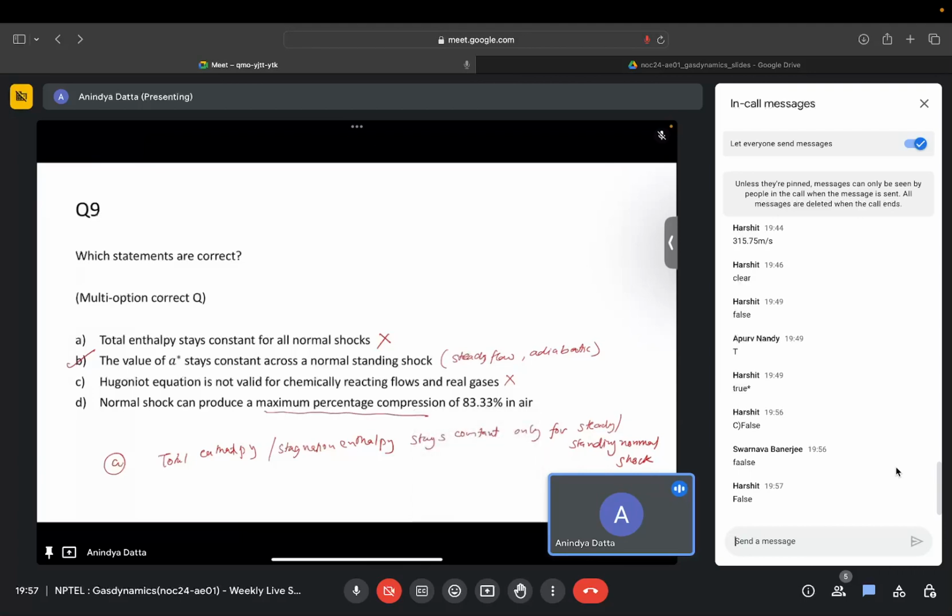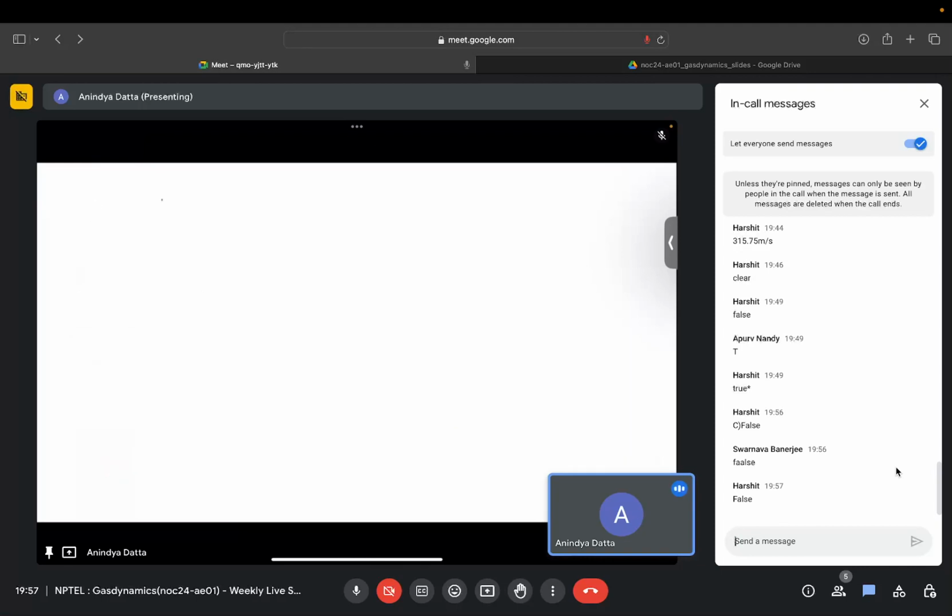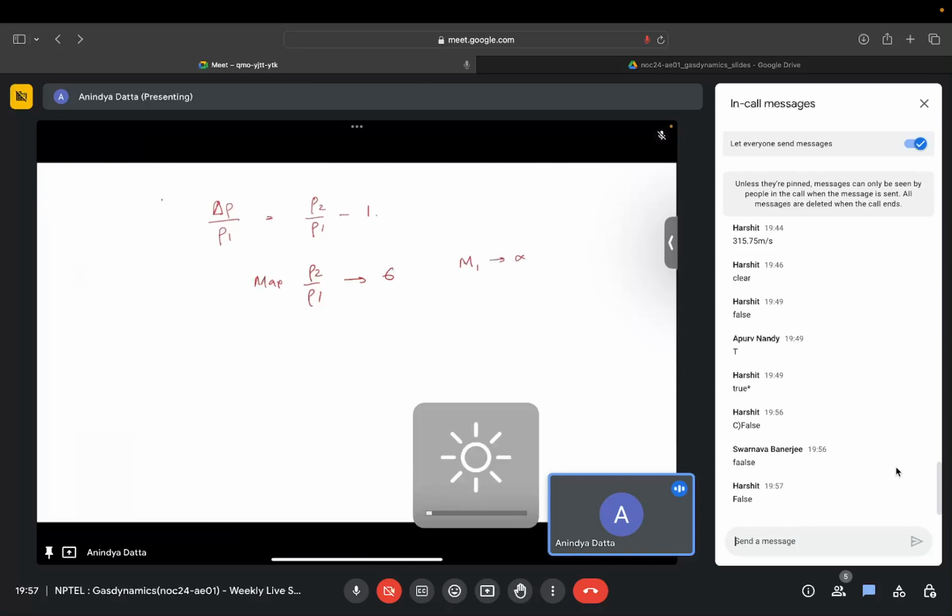We know that compression is delta rho by rho 1, which is rho 2 by rho 1 minus 1. So what is the maximum rho 2 by rho 1? We have seen that the maximum rho 2 by rho 1 tends to 6 when the Mach number tends to infinity.